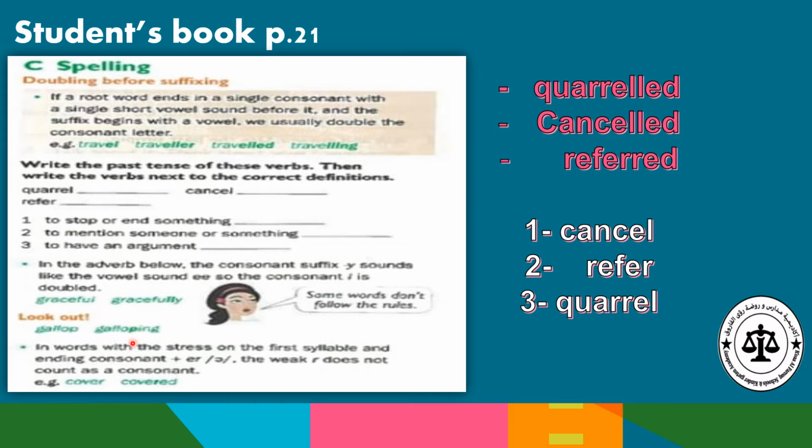Okay? Another word like the word cover. Covered. We don't double the letter R, although it is preceded by a vowel sound. So these two verbs don't follow the rules of doubling before suffixing.